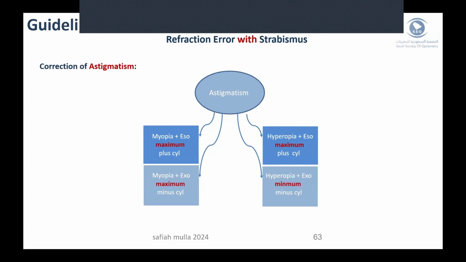Again with the hyperopia and ISO, minimum minus cylinder. If they have myopia plus exo, then maximum minus cylinder with the astigmatism. And you can take a screenshot of that screen if you want to deal with this type of refraction.